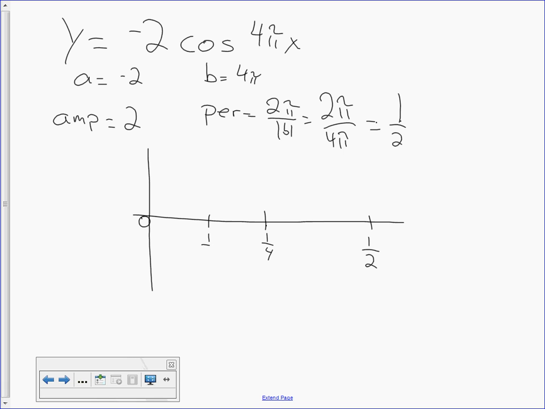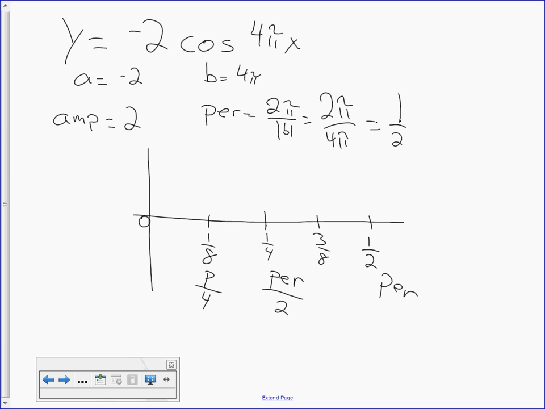An eighth. And what's halfway between a quarter and a half? 3/8. All I'm doing here, and if you can't work with the fractions, remember, this is your period. This is your period divided by 2. This is your period divided by 4.